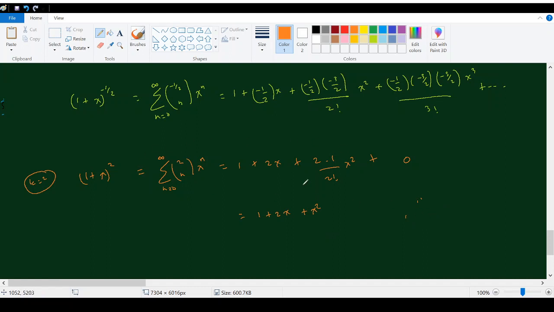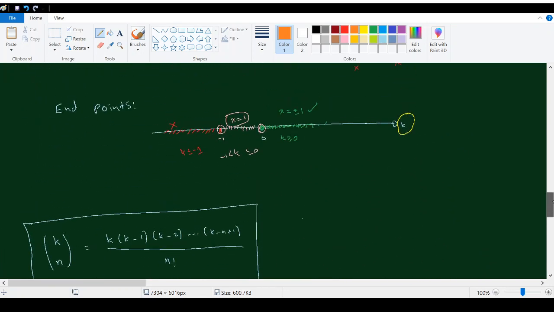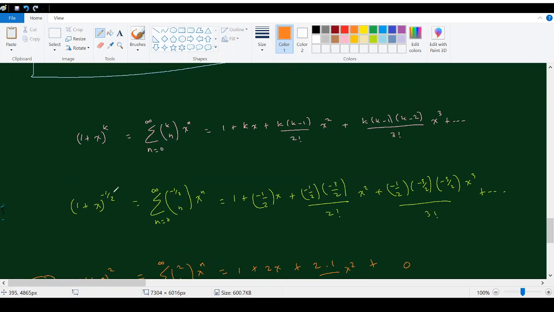So, we don't even have to consider this as a Maclaurin series. So, the importance of this Maclaurin series or the binomial series will come into play when you have non-integer powers, right?